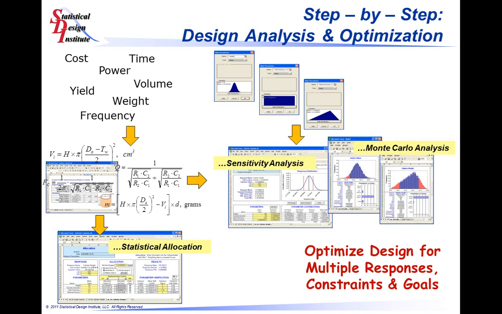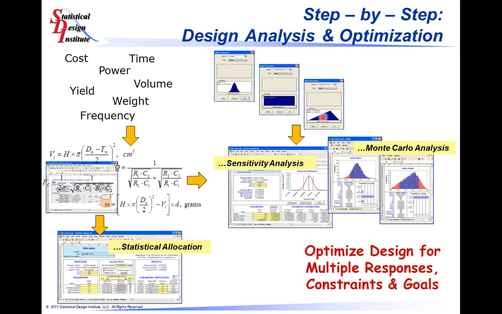This can be performed using sensitivity analysis or Monte Carlo analysis. Sensitivity analysis is an empirical approach based on using the defined mean and standard deviation of each one of your parameters to predict what the mean and standard deviation would be for the desired response.